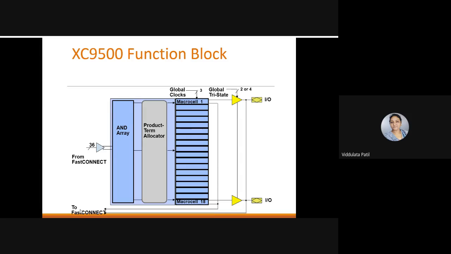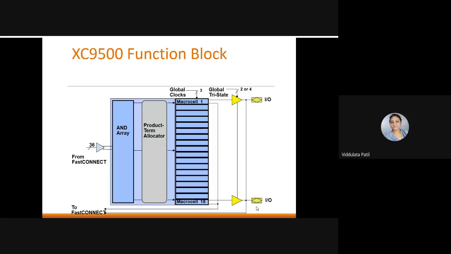These 18 outputs and their corresponding output enable signals also drive the IOB. So you can see that the outputs from these macrocells or functional cells also drive the IO block.